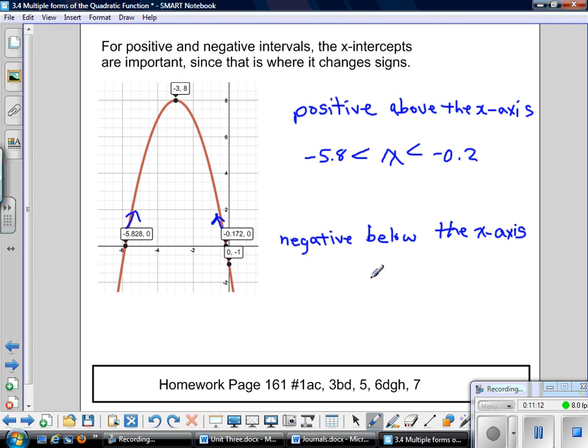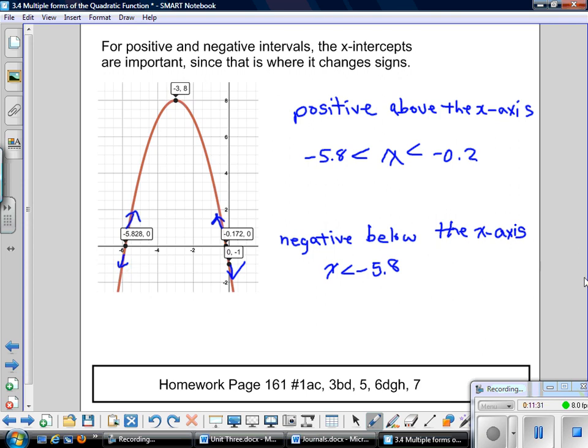Okay. And if we look at where it's below, just watch your signs here. So x, first of all, would have to be less than negative 5.8. Okay, and so that would take care of these ones.